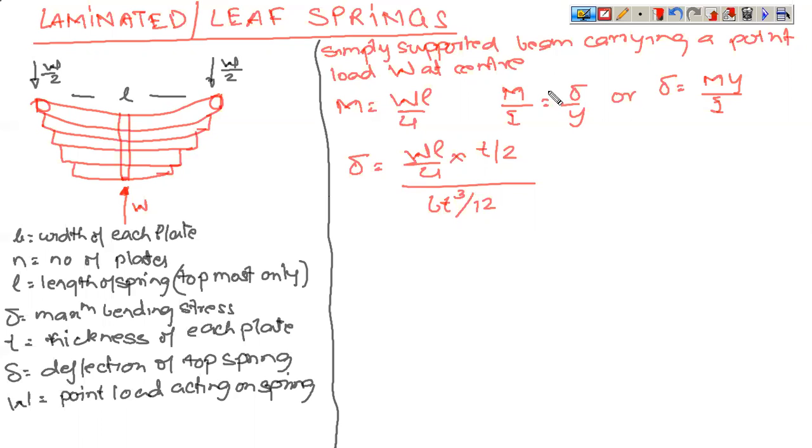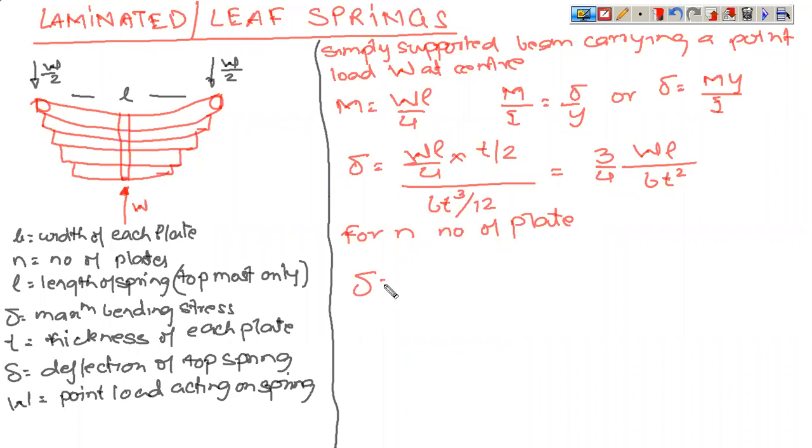So if you put down the values, you have 3 by 4 WL by bt square. Now for n number of plates, the stresses get divided by n.